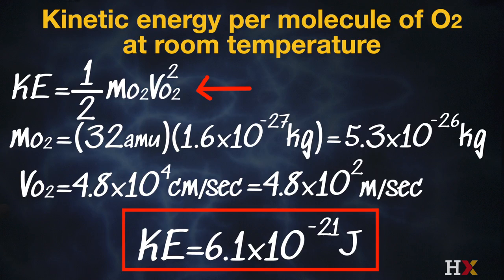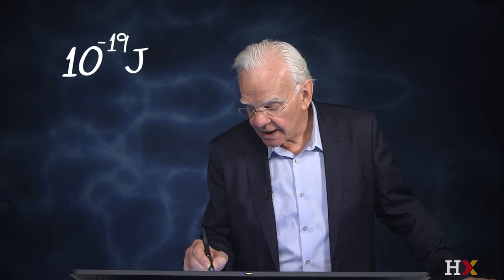Notice again we're using joule as the unit, and we know why. In fact, in all of molecular science, the joule is the unit of energy. So let's come back then and compare that with the height of the barrier. It turns out that the barrier height is on the order of 10 to the minus 19 joules.